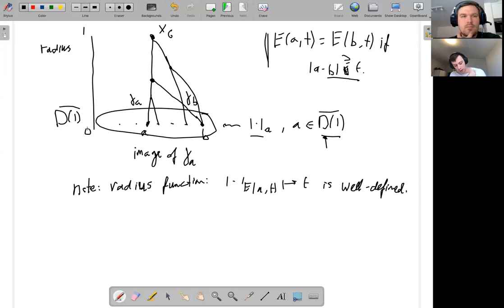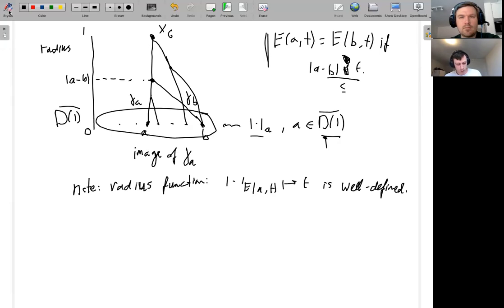Here the radius is 1, and here the radius is 0. And the point where these two branches meet, the branch that starts at A and the branch that starts at B, is exactly here. Oh wait, maybe it was the wrong way around before. Sorry, I'm so confused about this. If T is, yeah, no, sorry, it was the right way around before. I will try to find an eraser. I cannot find an eraser, sorry.